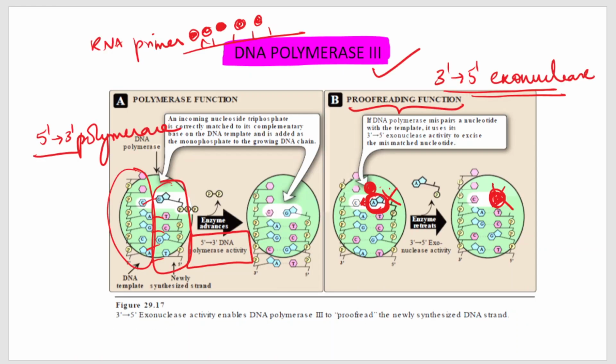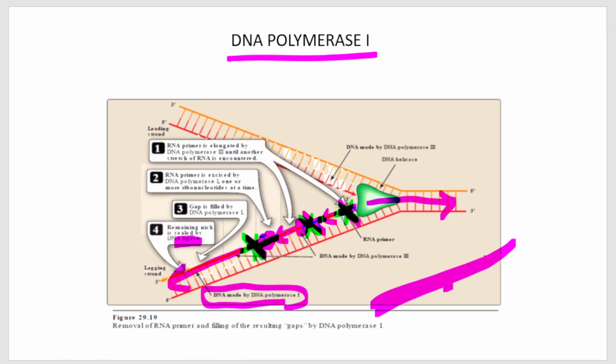Now, DNA polymerase 3 has two actions: the 5 prime 3 prime polymerase action and the 3 prime 5 prime exonuclease action, which helps in the proofreading of the DNA. So these are the DNA replication steps happening in prokaryotes. Thank you.